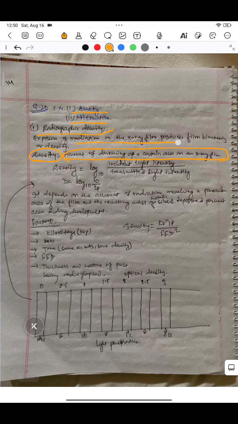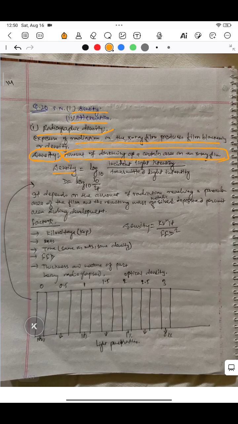Exposure of radiation on X-ray film produces film blackening or density. Whenever we expose the film even to normal light, the X-ray film produces some opacity or blackening, that is called density. That is negligible, but that is also density.